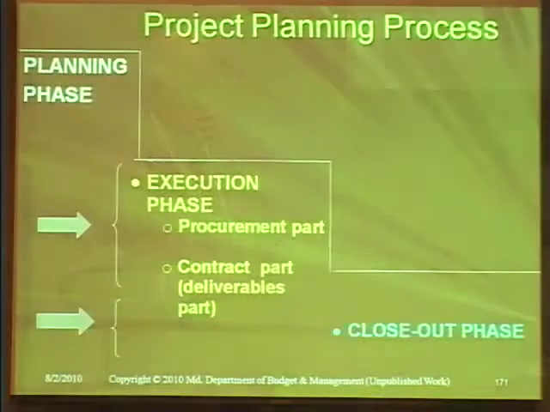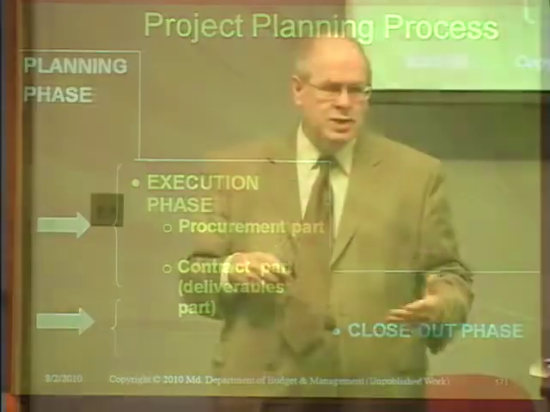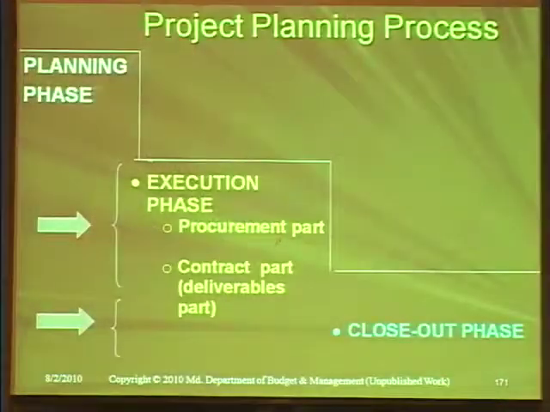And so you need to plan to execute, contract management, and then you need to plan how you're going to close it out. Close it out either so that it's going to end and nothing's going to happen after that, or close out in terms of there's going to be another procurement that follows it and you're going to have a transition possibly from one vendor to another. So in the planning phase, you plan for everything in that phase, everything in this phase, and everything in this phase that you reasonably can anticipate.